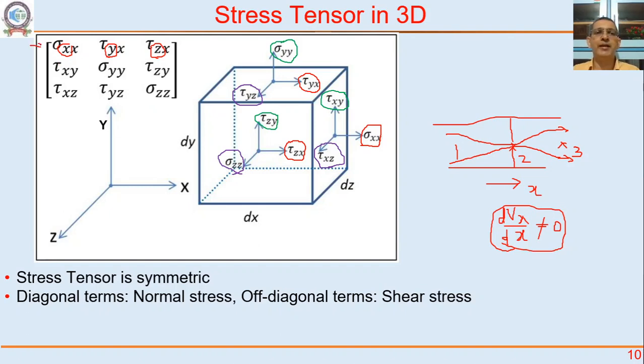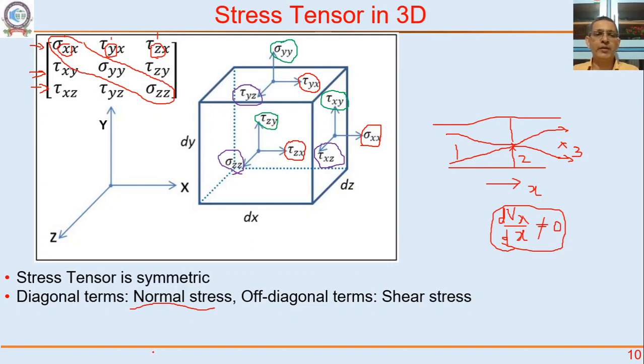3 directions, x direction, y direction, z direction, arising out of the velocity gradient in the x direction, y direction, z direction. 9 terms. The diagonal terms are the compression or the elongation. They are called normal stresses. Right now we are going to denote them by sigma, but later on we will just say tau.